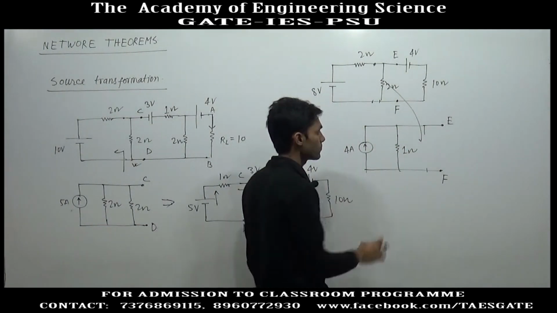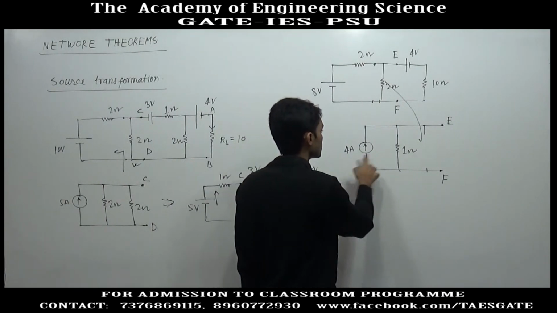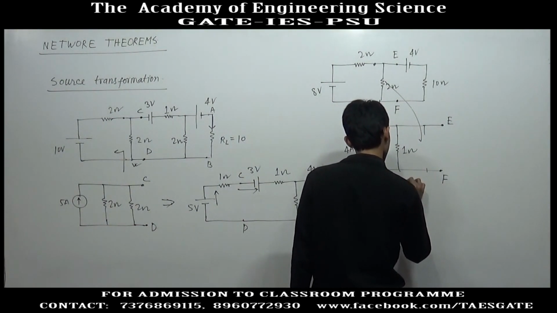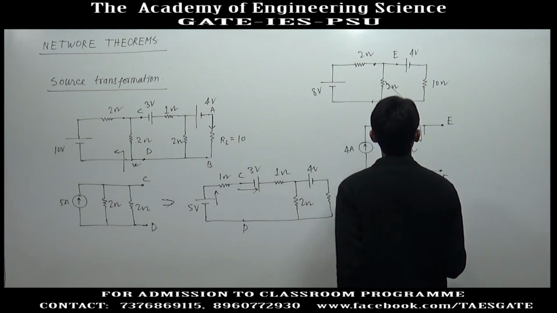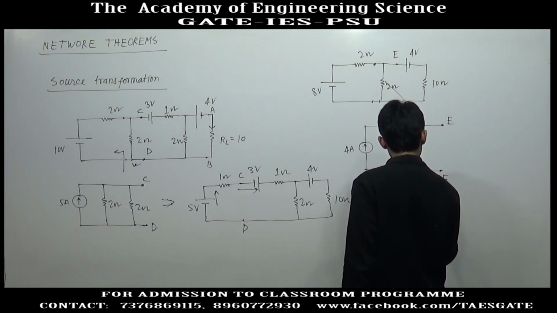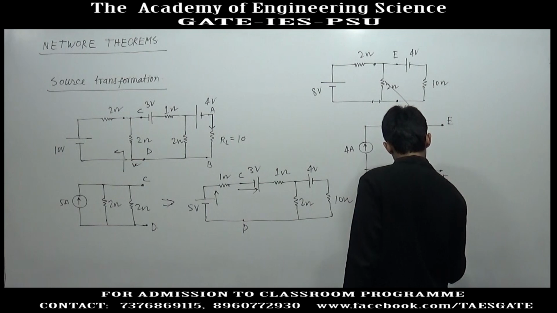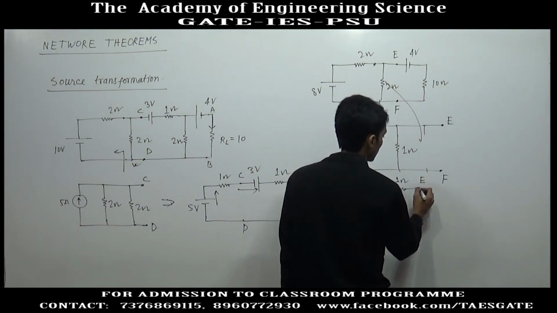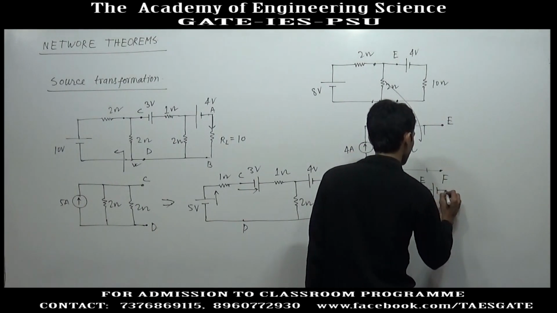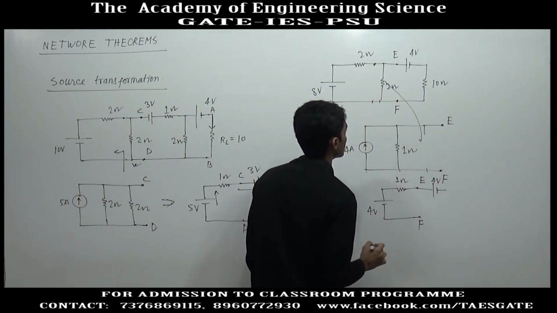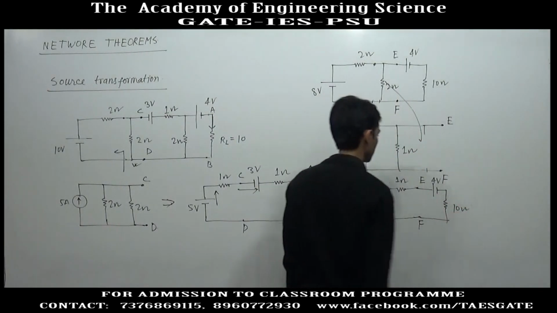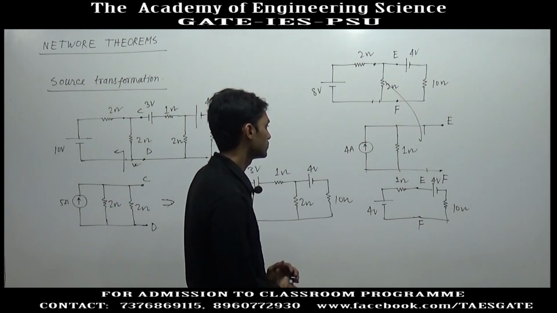Now again we will apply source transformation. This will give us 4 into 1, a 4 volt source and a resistance of 1 ohm which is connected in series, and then point E and point F, and after E and F we have 4 volt voltage source with opposite polarity and 10 ohm resistance.